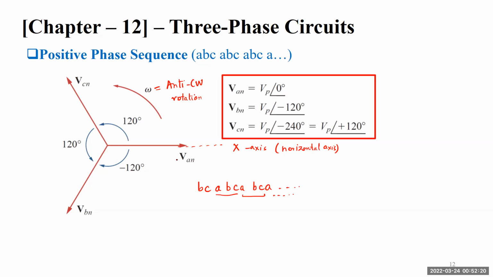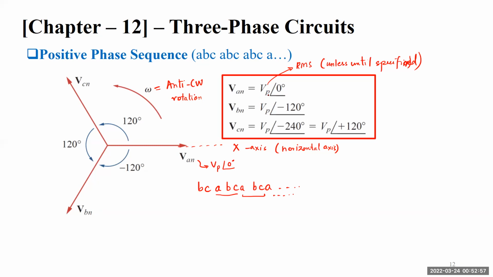Then if we write down these phasors, VAN can be written as VP angle of 0. Remember, these values are RMS values unless specified otherwise. These are not peak values, these are RMS values unless they specify it.